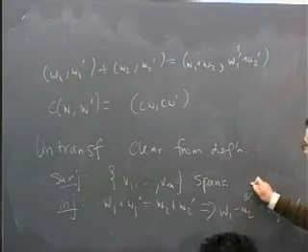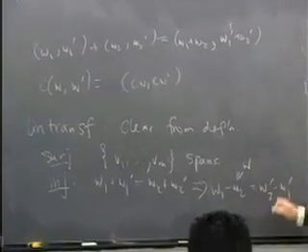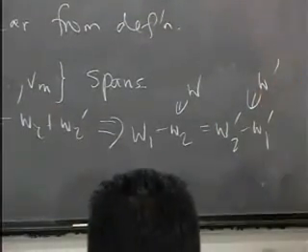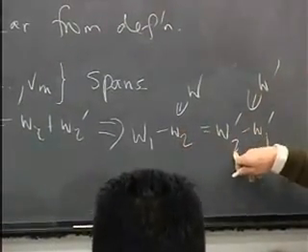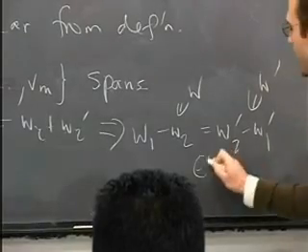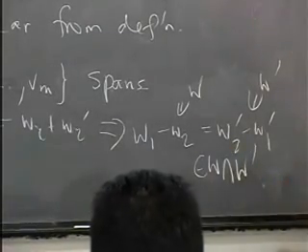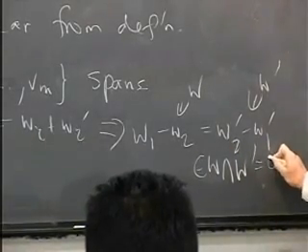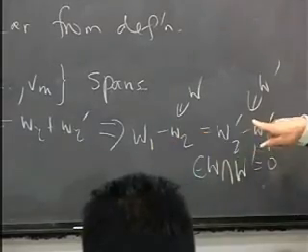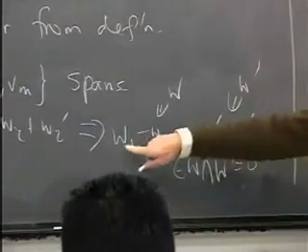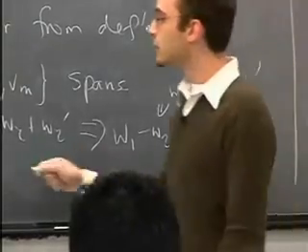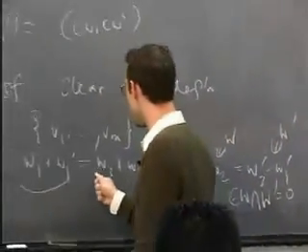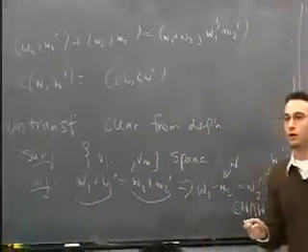This thing is in W. This thing is in W prime. So whatever this common vector is, it's in the intersection of W and W prime, which is 0. But if this thing is 0 and this thing is 0, that implies that W1 equals W2 and W2 prime equals W1 prime. So the way we wrote these things as sums to start with was unique.